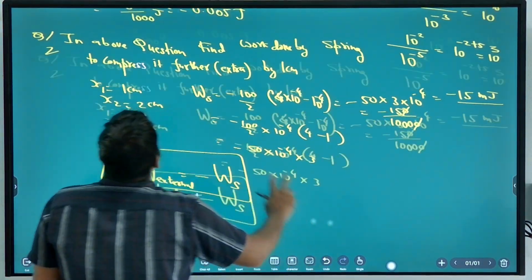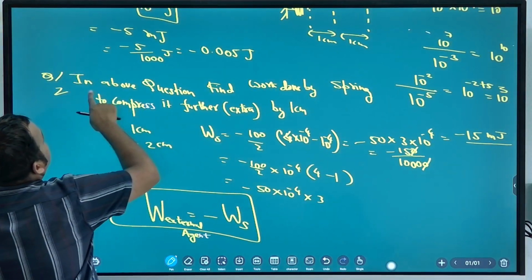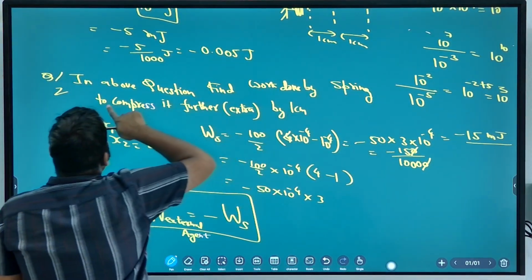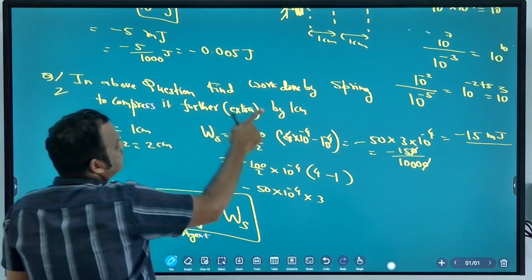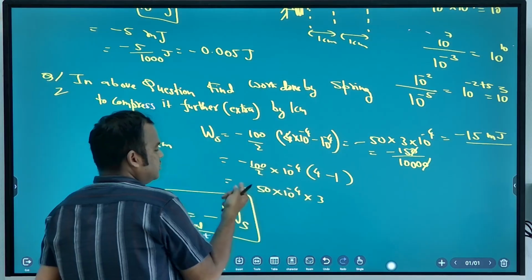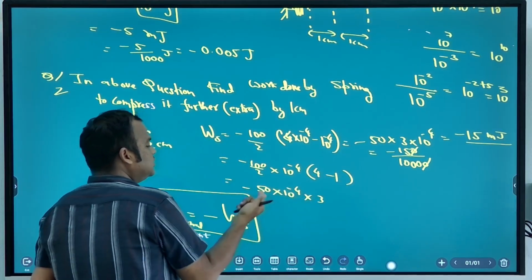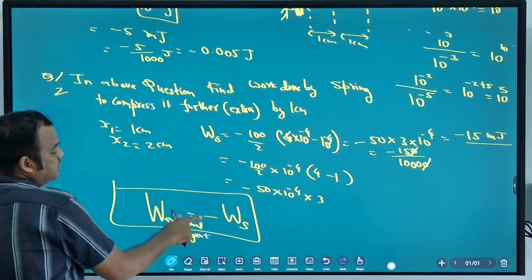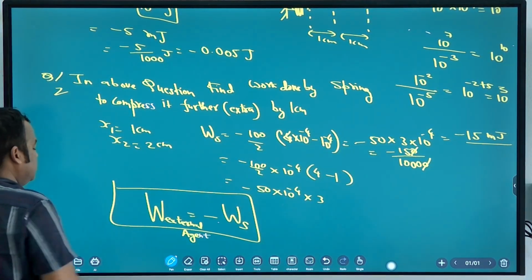So suppose I say in the above question, find work done by external agent to compress it further, then your answer will be positive. Minus of this. Work done by spring is minus, so work done by external will be plus, because work done by external agent is minus of work done by spring.